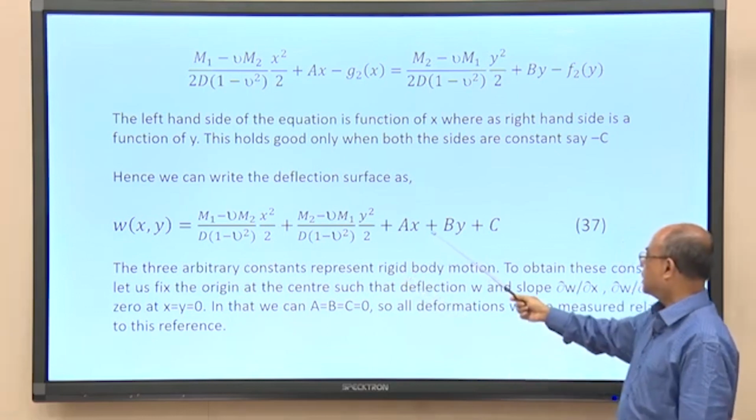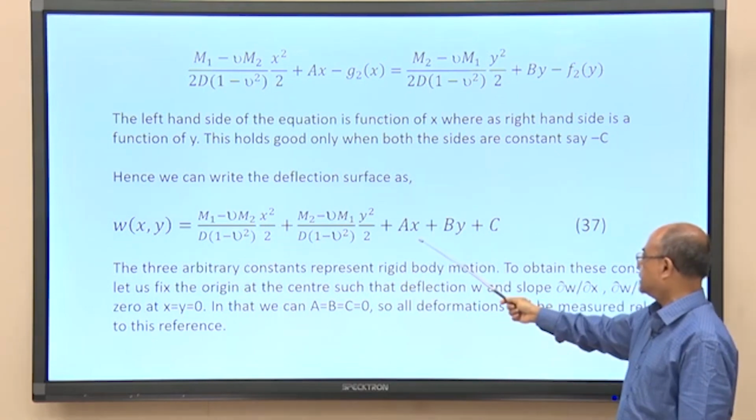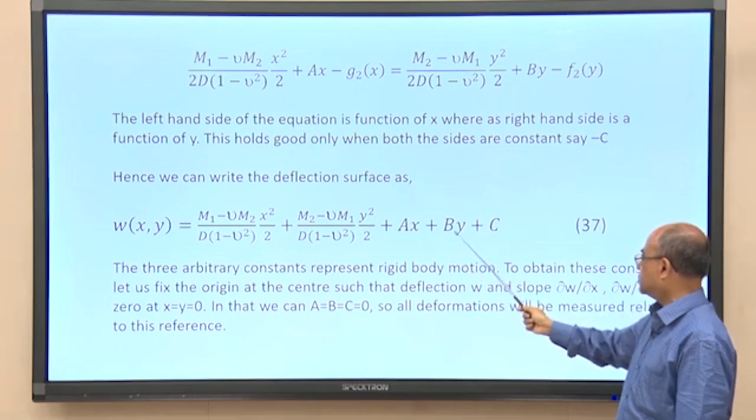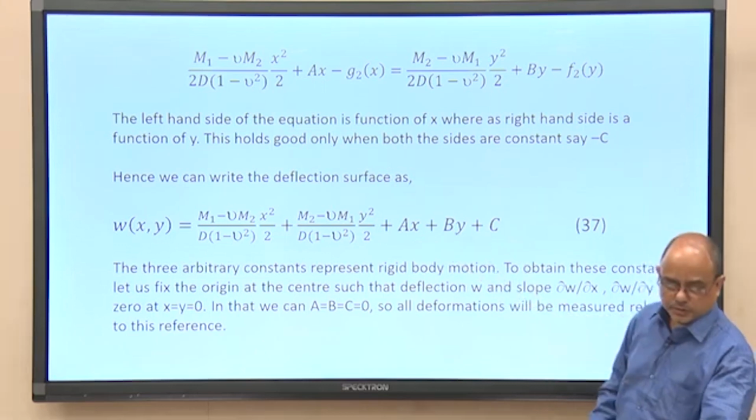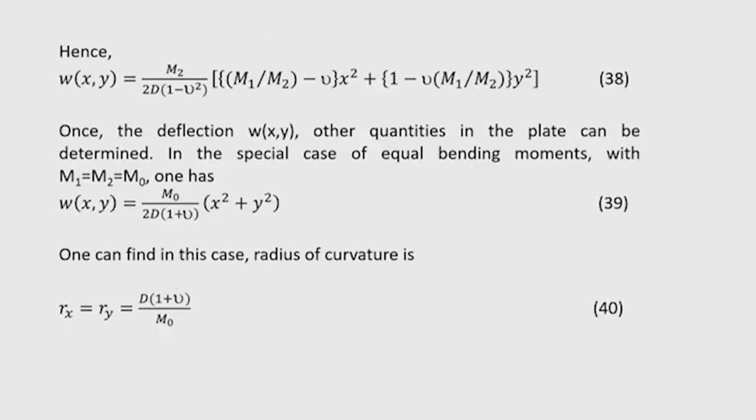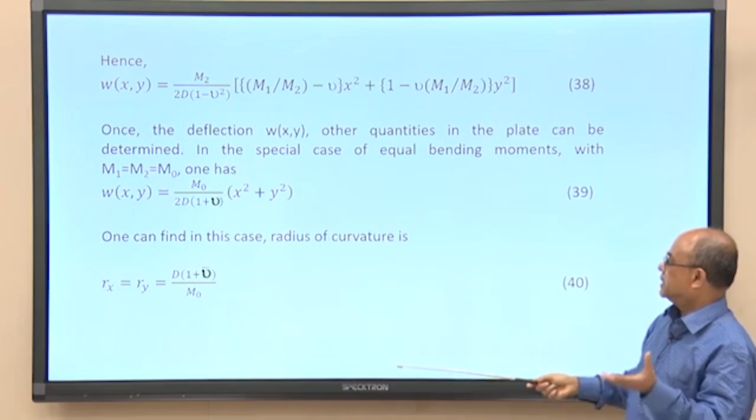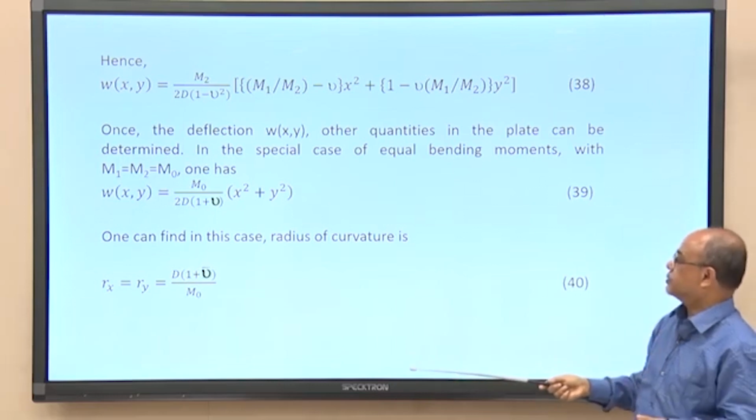So, therefore, in that case we will get a is equal to 0, b is equal to 0, c is equal to 0. So, in that case the deflection surface is simply written as a function of x square and y square, okay. And the coefficient of x square and coefficient of y square you know here, okay. That can be arranged after arranging the multiplier in a suitable way.